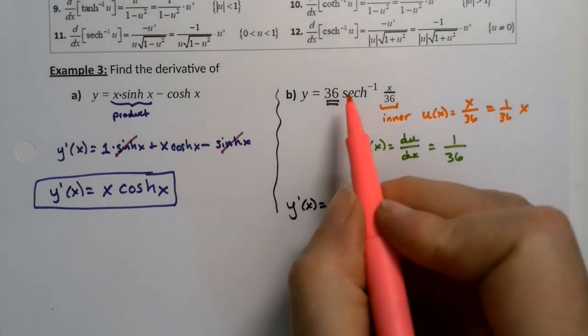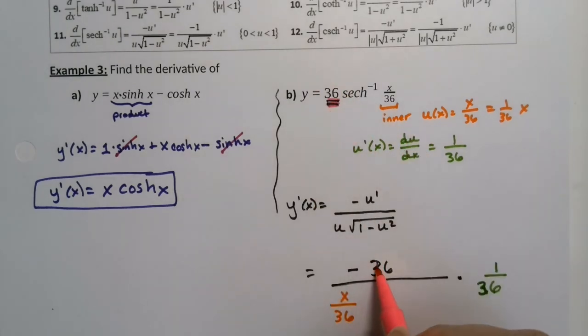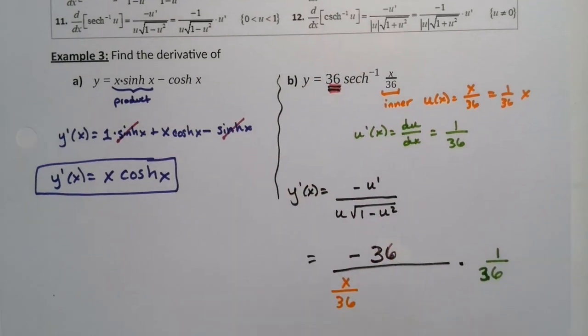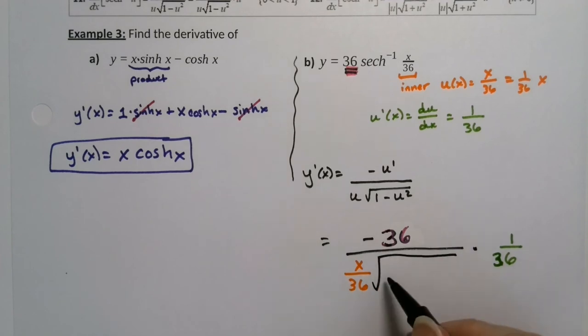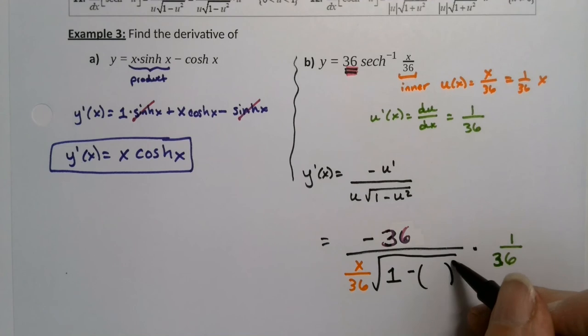That 36 is coming from here. That's why that's 36. My pink isn't showing up. There we go. Okay, so then it's u prime right here, u right here, big square root, 1, take away, and then it's x over 36 squared.